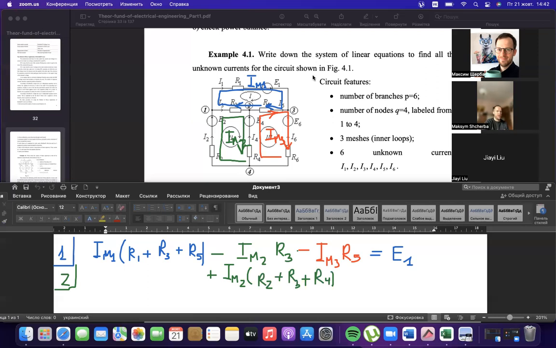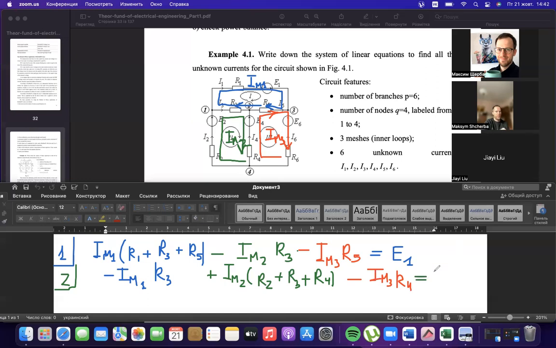And the other two meshes are oppositely directed. It should be minus IM1 with the resistor number 3, and IM3 also with minus, with the resistor number 4, because these two meshes share resistor 4, and it equals the sources inside it.